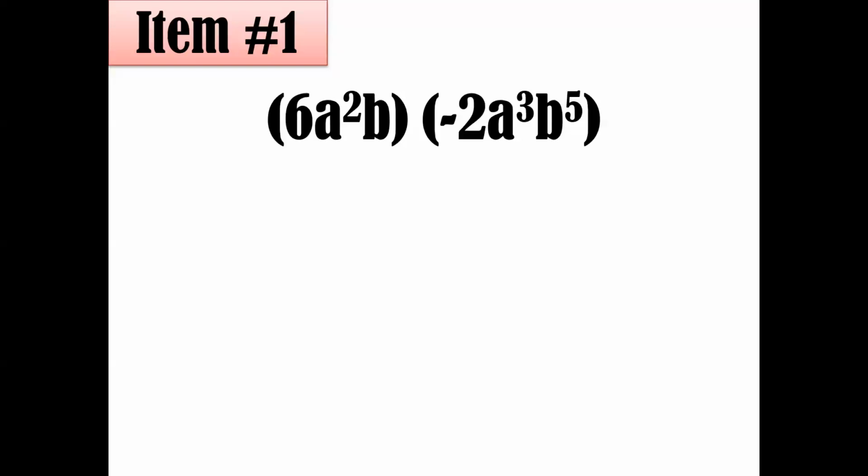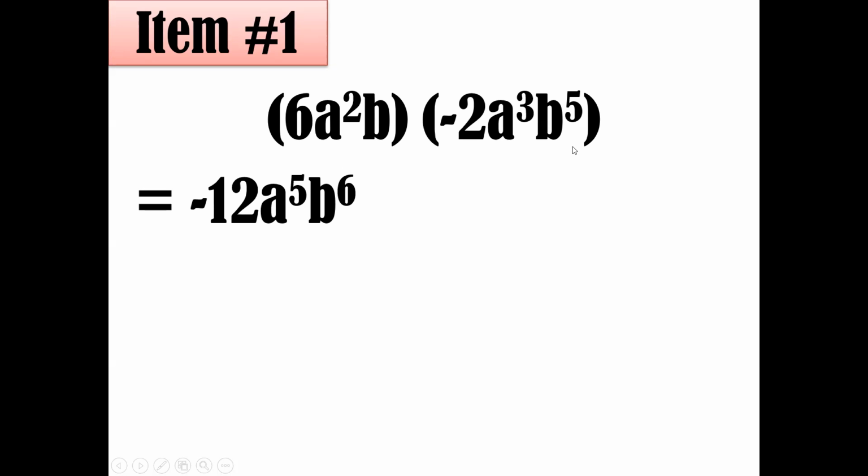If you multiply them or take their product, we multiply their numerical coefficients. So 6 times negative 2 is negative 12. If you have a squared times a cubed, when you multiply expressions having the same base, we copy the common base, which is a, and you add the exponents. 2 plus 3, that's 5.